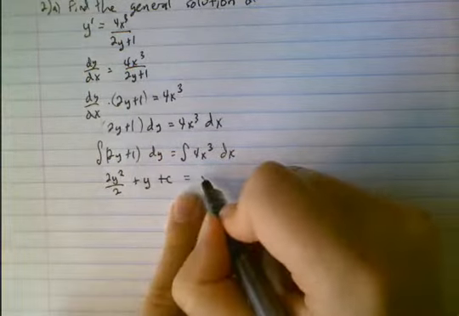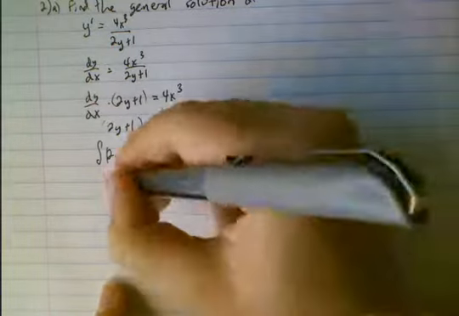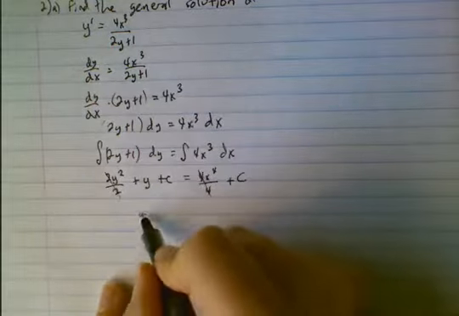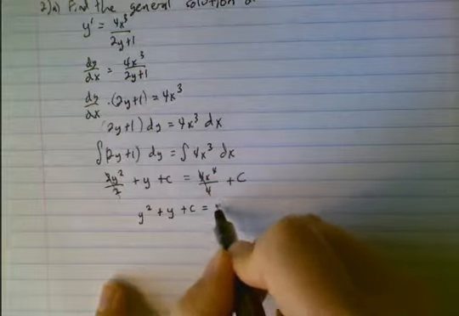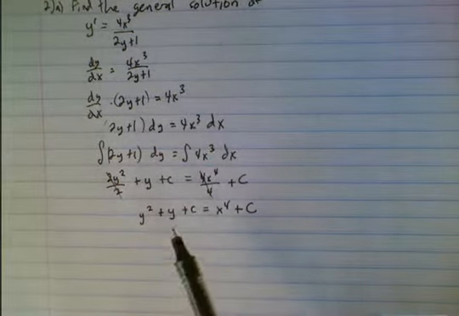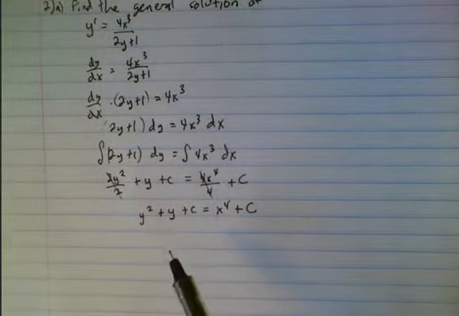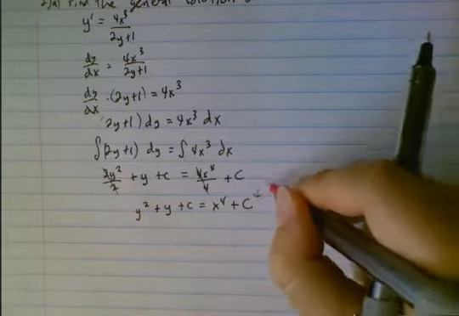Antiderivative of 4x cubed is 4x to the 4th over 4 plus c. Those cancel out. Now notice we have both a y squared and a y, so we're not going to be able to solve for y in this particular equation. We can leave it in general form instead.